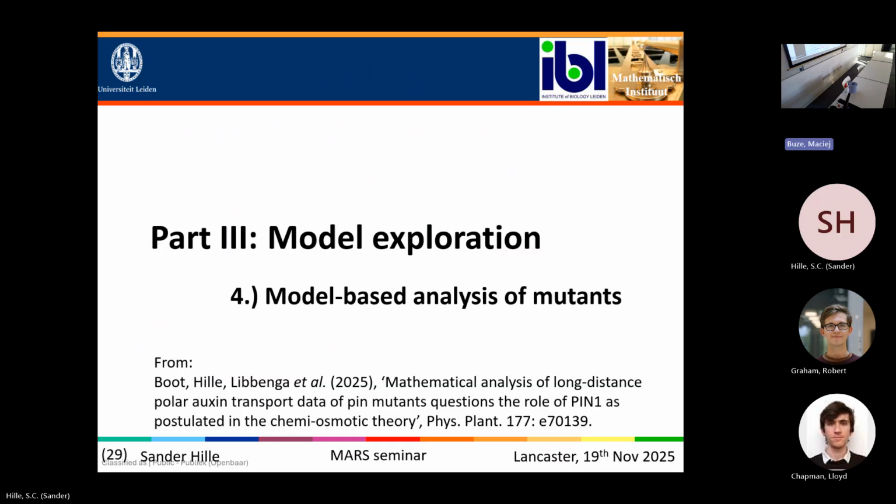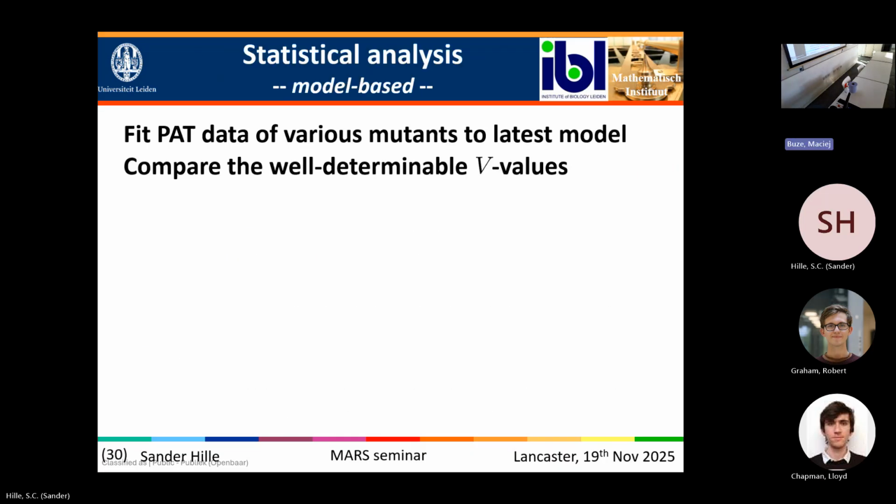But now the most interesting part is what happens to mutants, and that appeared early this year in a paper. So recall that these transport values, these velocity values, could be very well determined. So that was the thing, okay, we want to compare these mutants on this value that we can determine.